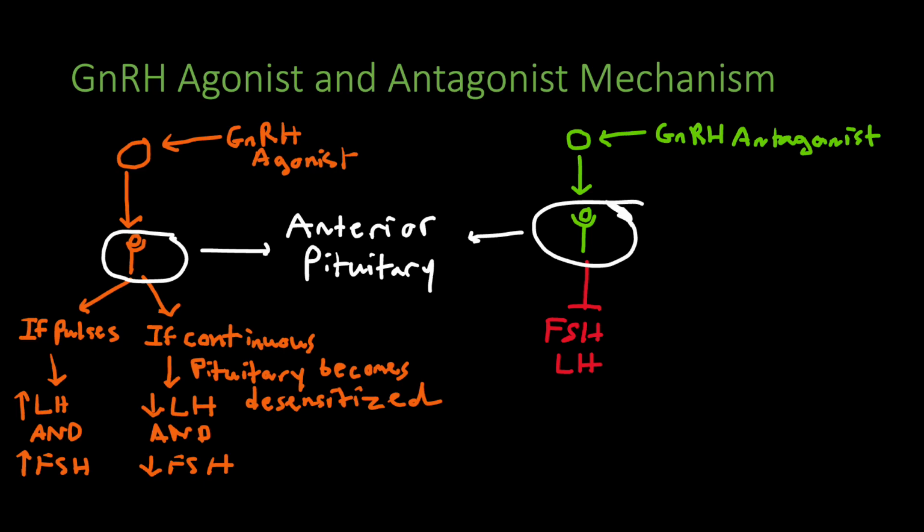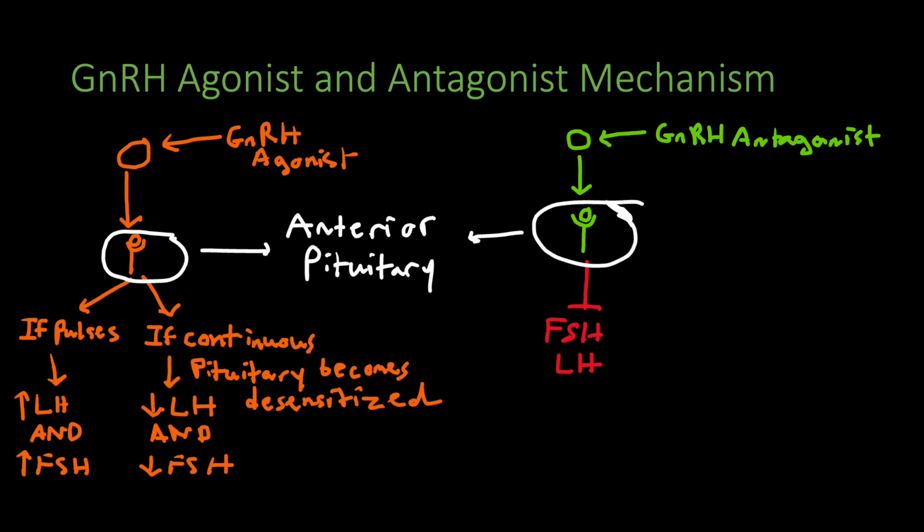But if the GnRH is continuously released and it just keeps on doing it, or the medication just keeps on doing its action, then it's going to desensitize the pituitary part of the hormone and it decreases LH and FSH. And that's going to cause issues.